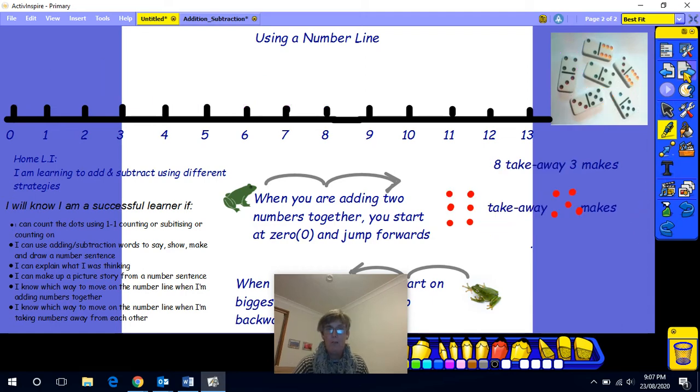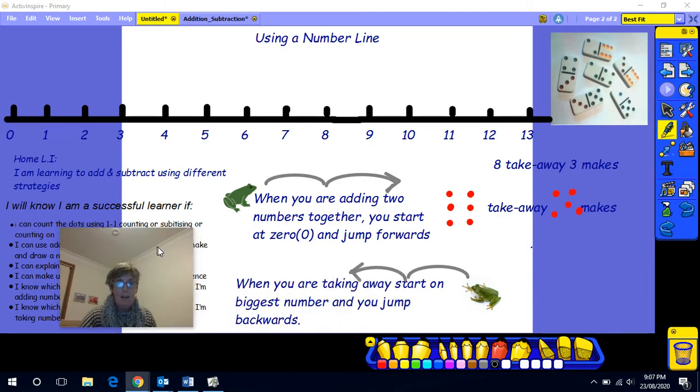Now we're going to pop over to this page here, and we're going to look at what happens when we're taking away. Now let's have a look here. I've got another little frog. When we take away, he doesn't jump forwards, he jumps backwards. So he finds the biggest number in our number sentence and he goes back this way when we're taking away.